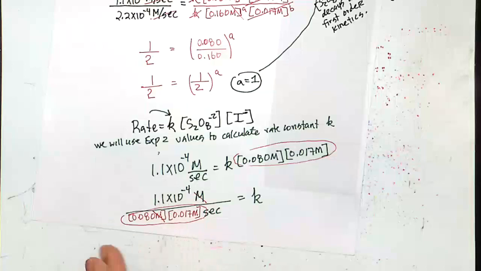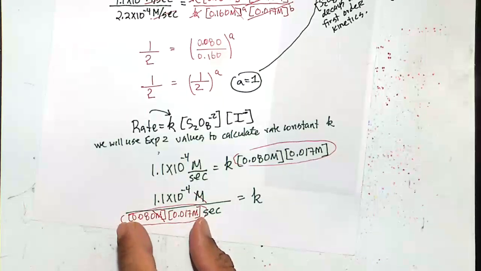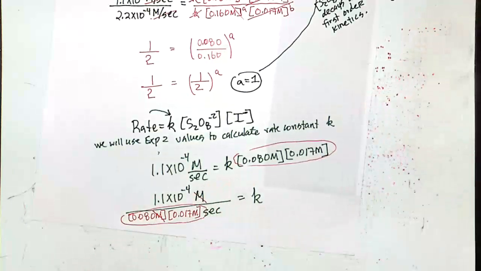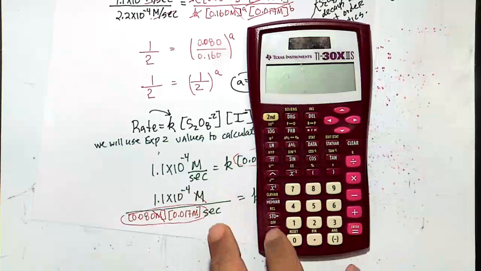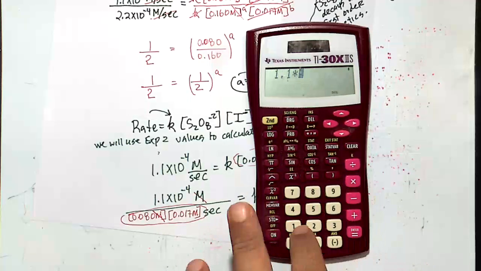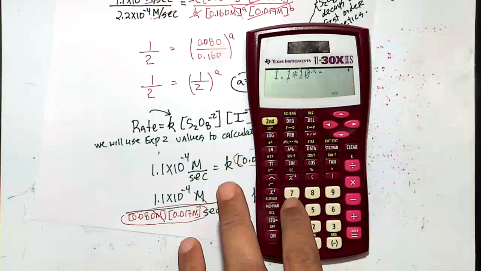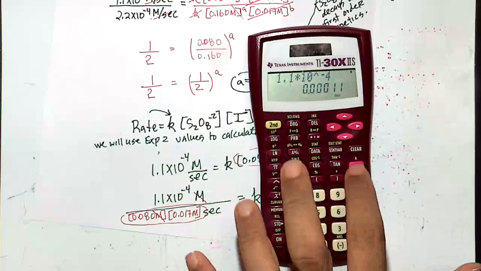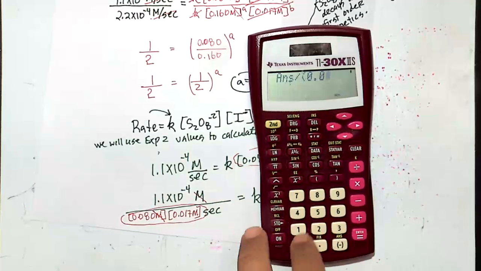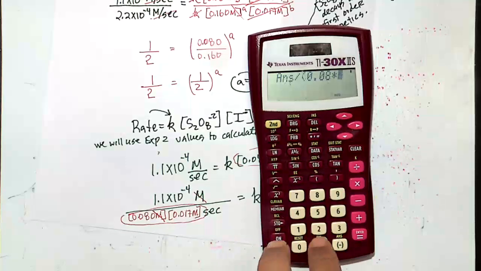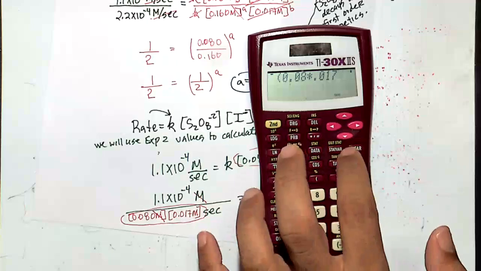Now we just have to calculate 1.1 times 10 to the minus 4 divided by 0.08 times 0.017.